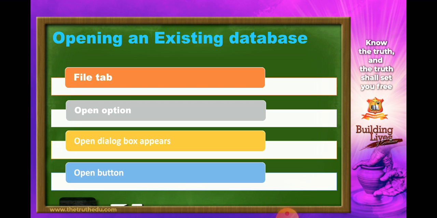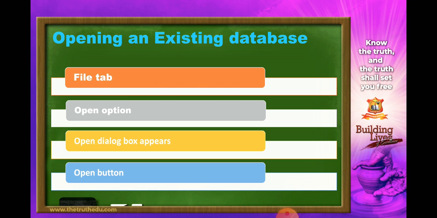But one thing we need to remember is that when we are opening Microsoft Access, for example, I have opened the Microsoft Access application and I want to open a file of Microsoft Access. If I by mistake click on Excel or Word or PowerPoint, please note your file will not open.